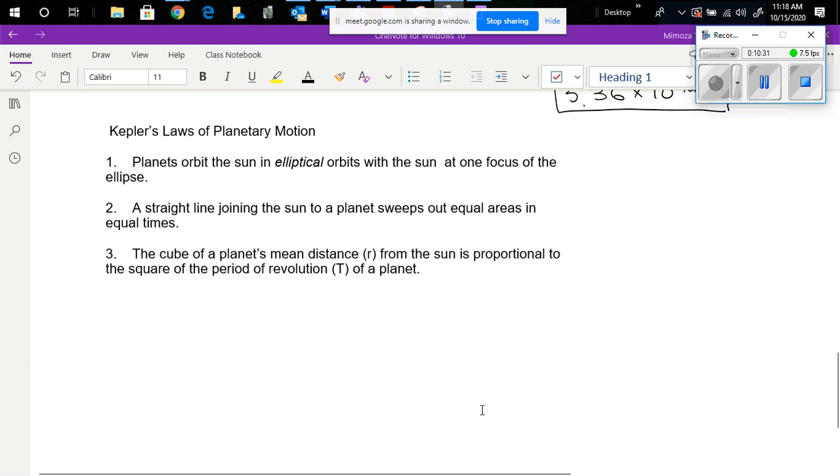Okay, those three are what are known as Kepler's laws of planetary motion. They are very similar to what we have said in terms of Newton's law. It was the time when everyone was trying to mimic what Newton did.